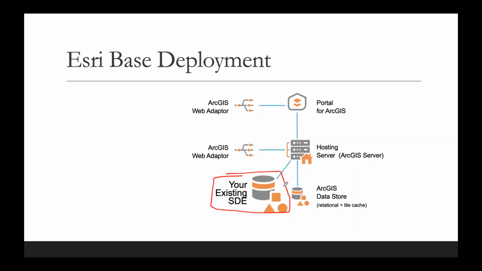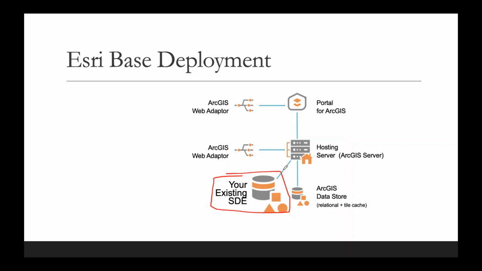You don't have to migrate all of your existing data, and we've been doing this for 20 years. We've been creating our GIS database to be the right schema, it's been calibrated, the domains are there, all of that. You're not getting rid of your SDE. It still exists, and it can exist on the same server that it is right now, as long as it's SQL 2012 or Postgres 10 or up.